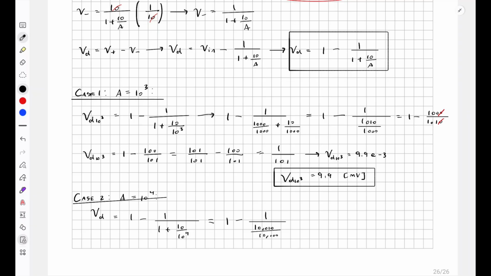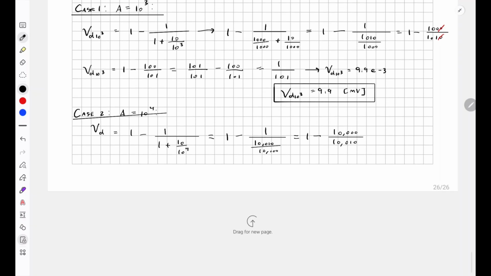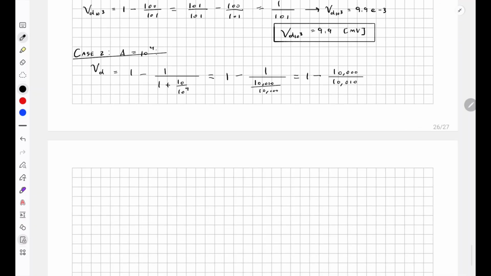So then this is equal to 1 minus 10,000 divided by 10,010. So 10,010 divided by 10,010 minus 10,000 divided by 10,010.